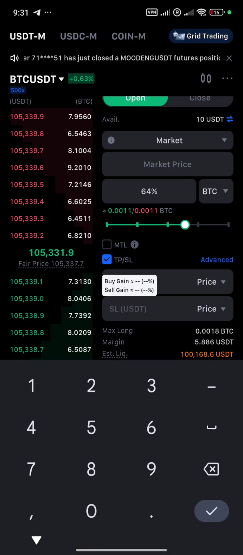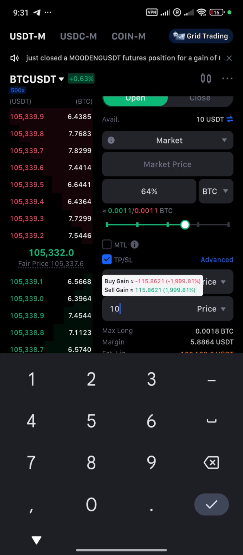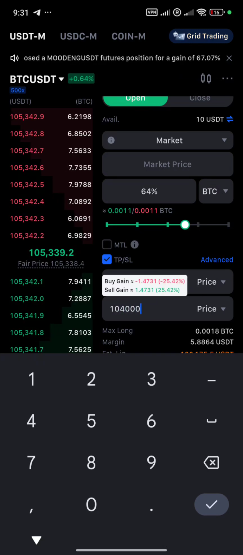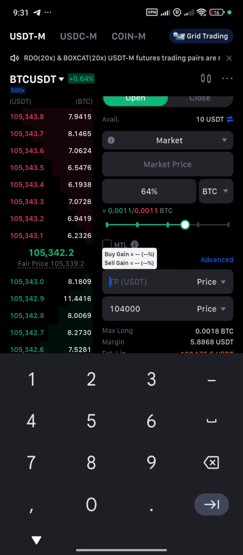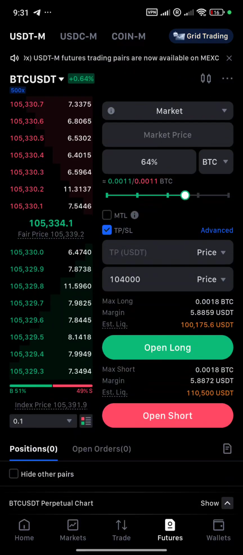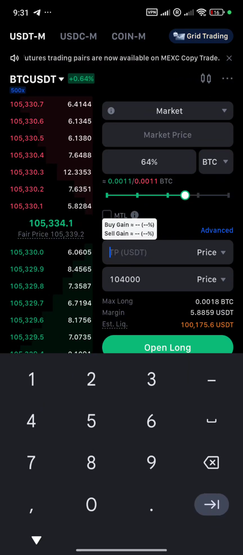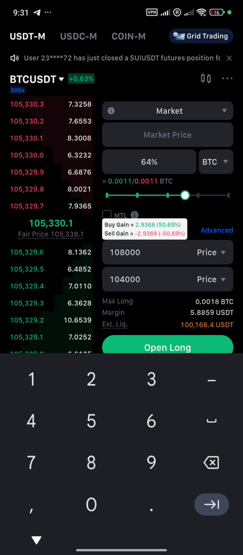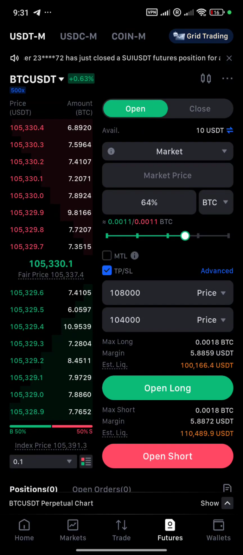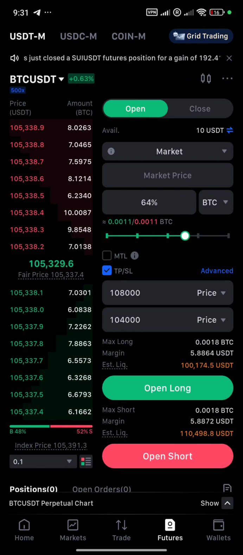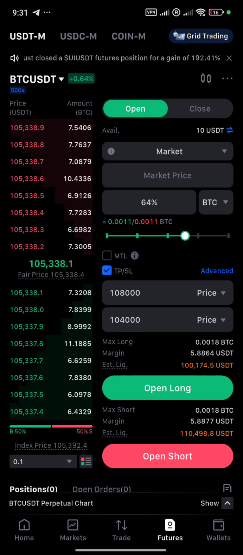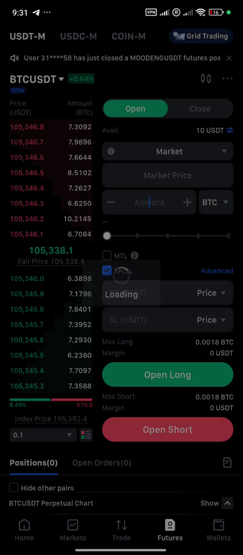Let's assume I'm putting the stop loss at 104,000, and my take profit maybe at 108,000. Because the market price is 105, the stop loss I'm setting means I'm longing the coin.